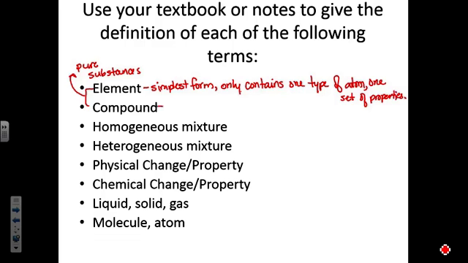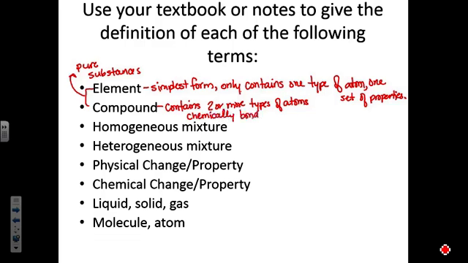A compound, also a pure substance as we noted, contains two or more types of atoms. That's different than an element, which only contained one type of atom. And those two types of atoms are chemically bonded together.